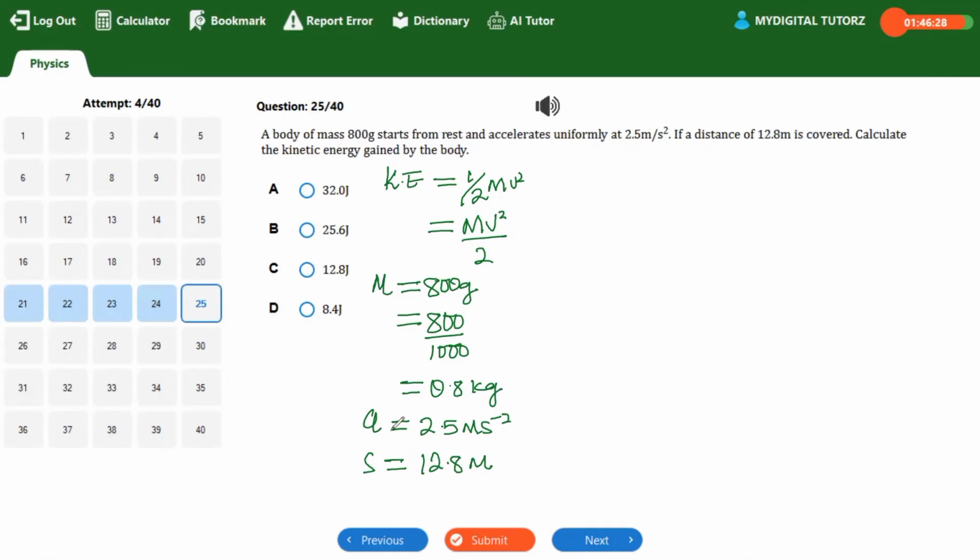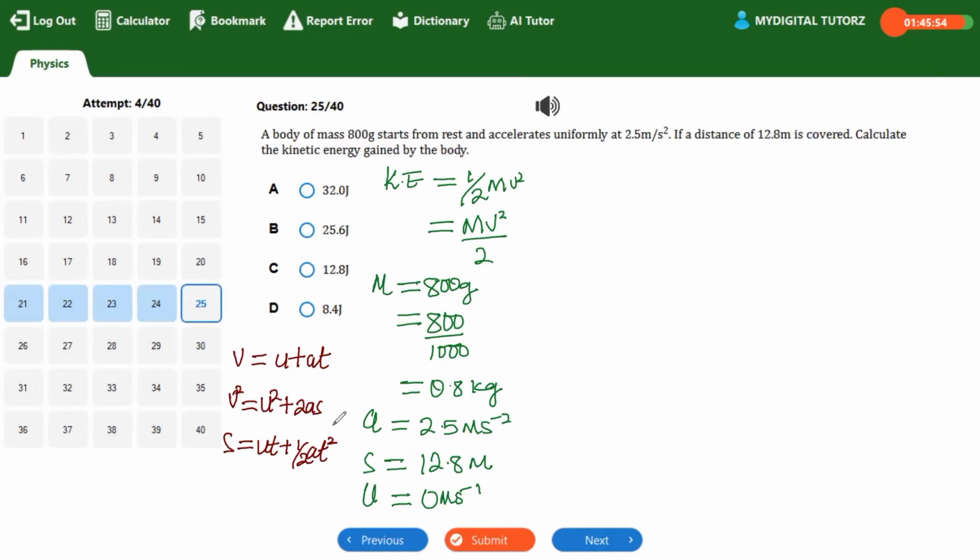So when it starts from rest, something is hidden there. That is our initial velocity, u is equal to 0. So you all know that this is going to lead to equations of motion. We have basically 3 equations of motion, which are v equal to u plus at, v squared equal to u squared plus 2as, and s is equal to ut plus half at squared.